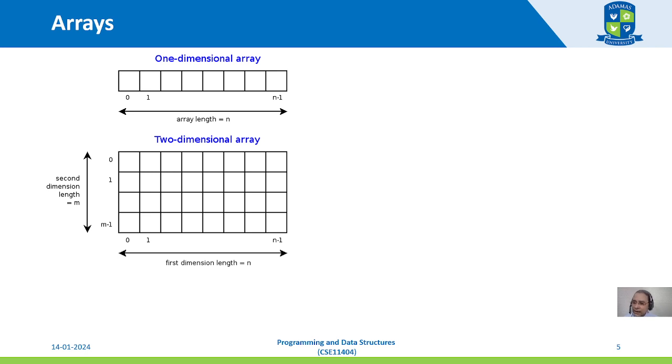So we can declare int star PTR, comma ARR, and within square brackets we can mention the dimension. Let us consider the array which we are mentioning can store 5 elements.